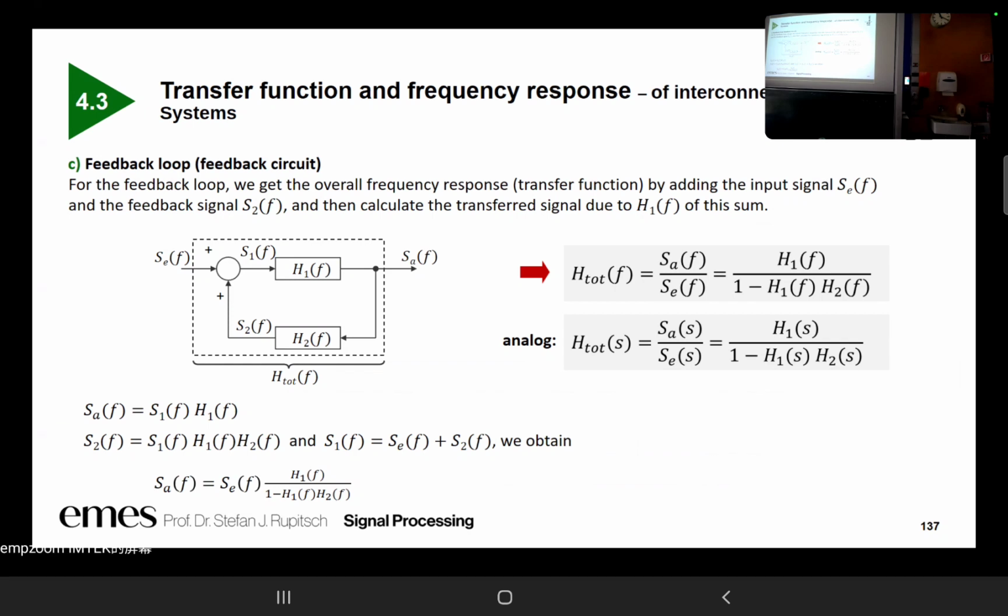In control theory, control loops, we always have here a negative sign. That's the reason why we get the plus. You can always keep this in mind. We have here in the numerator the forward transfer behavior, and in the denominator, we have 1 plus, if we have a negative feedback, closed loop.